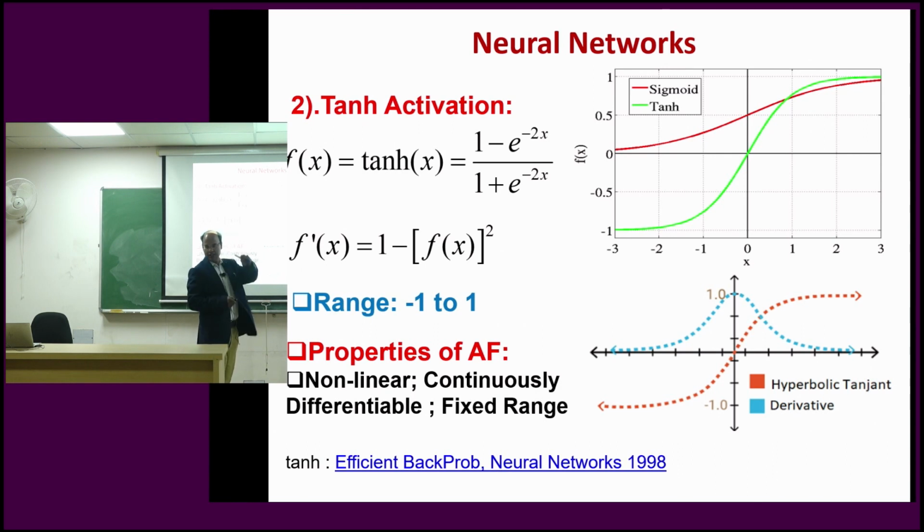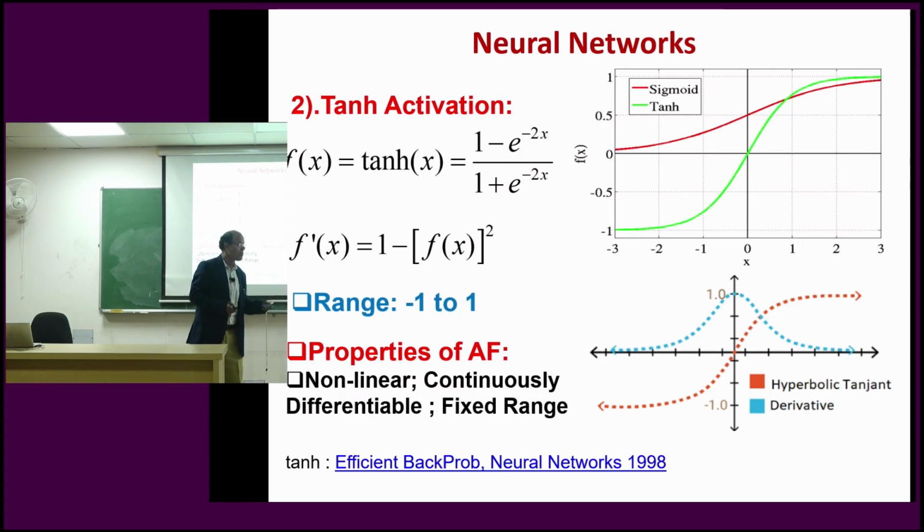That's called saturate. When the function gets saturated, if you calculate the gradient, nothing but the slope, that will be 0. Once completely saturated, the slope will be 0. Once slope is 0, then no learning will happen.